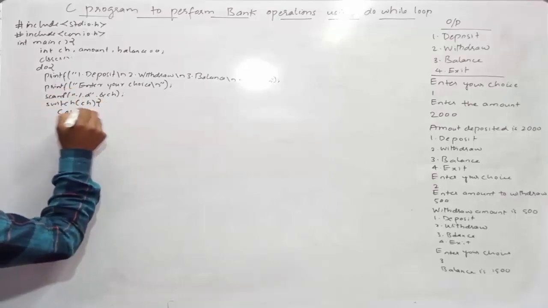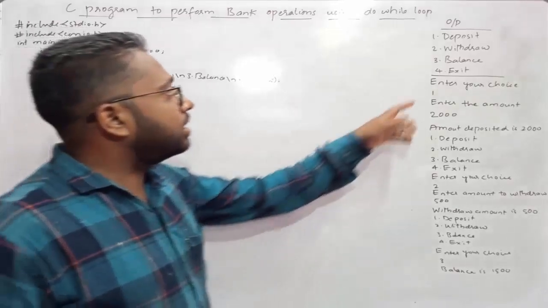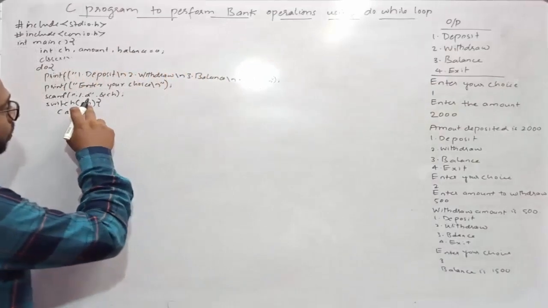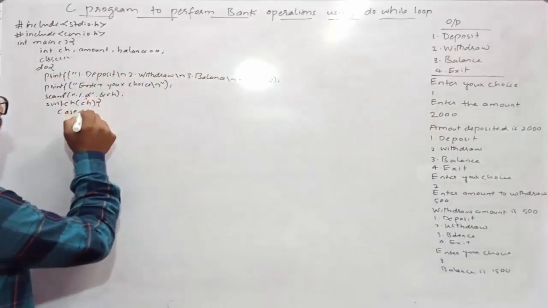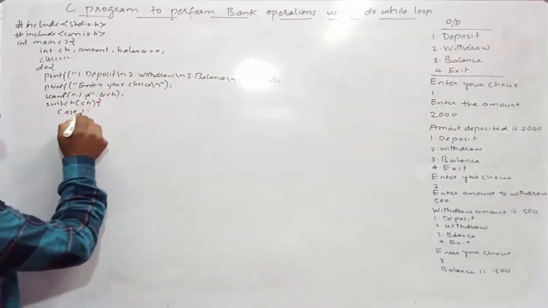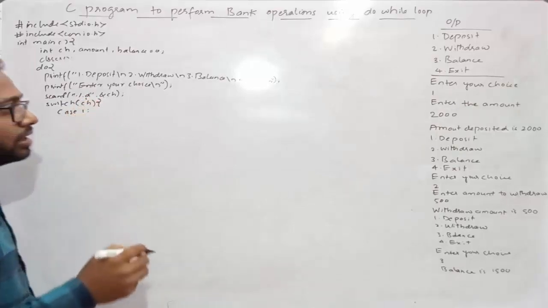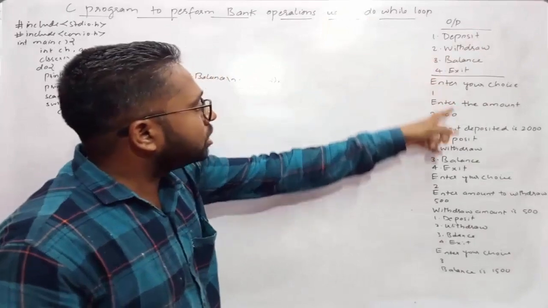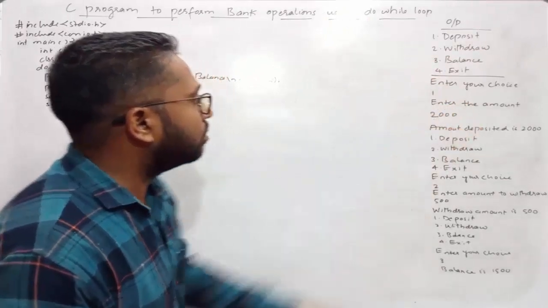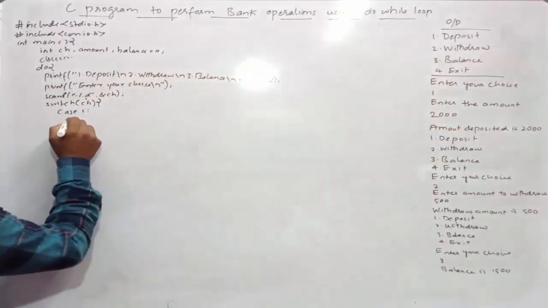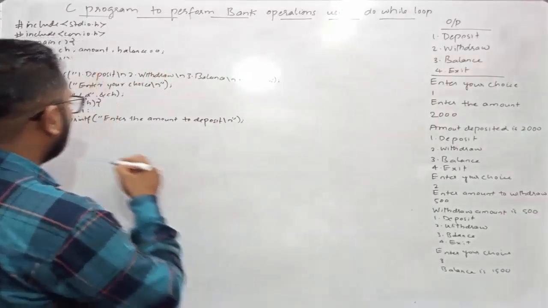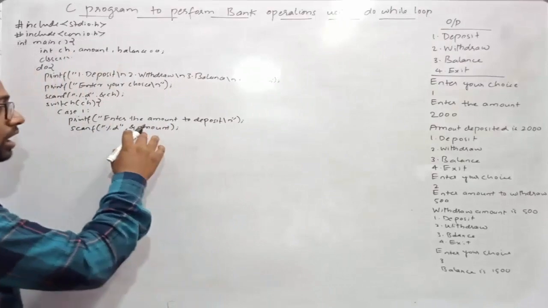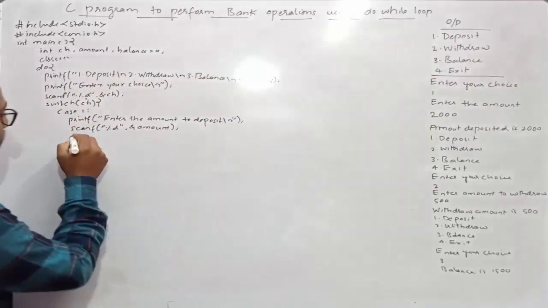Next, case 1. Suppose the user has entered 1, that means the user wants to perform a deposit. Then ch will hold the value 1 and the 1 gets matched with the case 1 value. Then the questions for deposit need to be asked, like enter the amount, printf. Next I need to accept that amount. Now I need to add this amount to the balance.